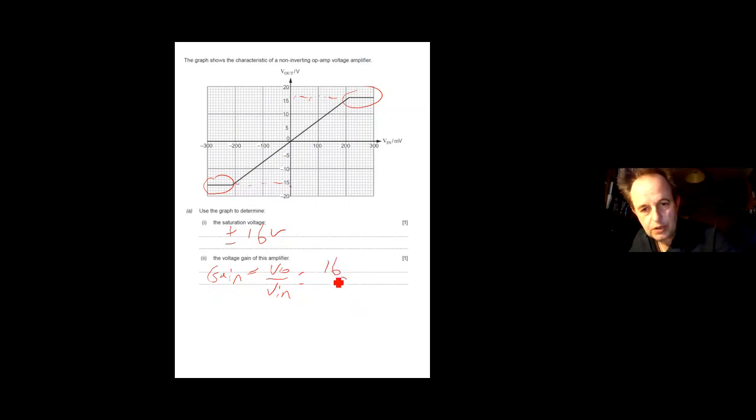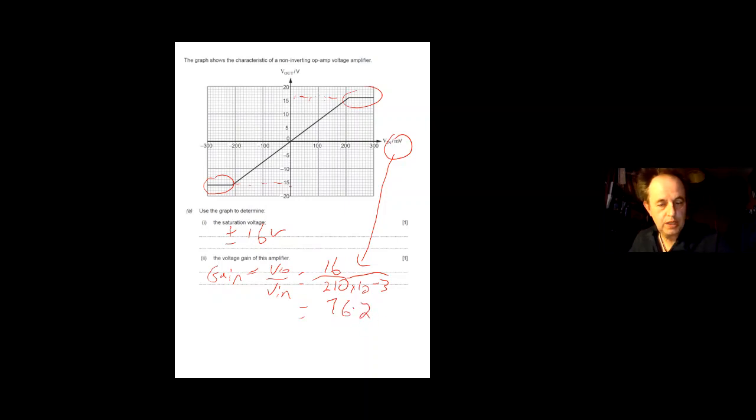So I've got 16 volts on saturation, and the place where it happens, okay, I would look at 210. Positive or if it's minus, okay. So in this case, you've got 210, and watch the units, you've got millivolts. Okay, so that would be times 10 to the minus 3. Okay, so if you put that into a calculator, you will end up with a gain of 76.2.